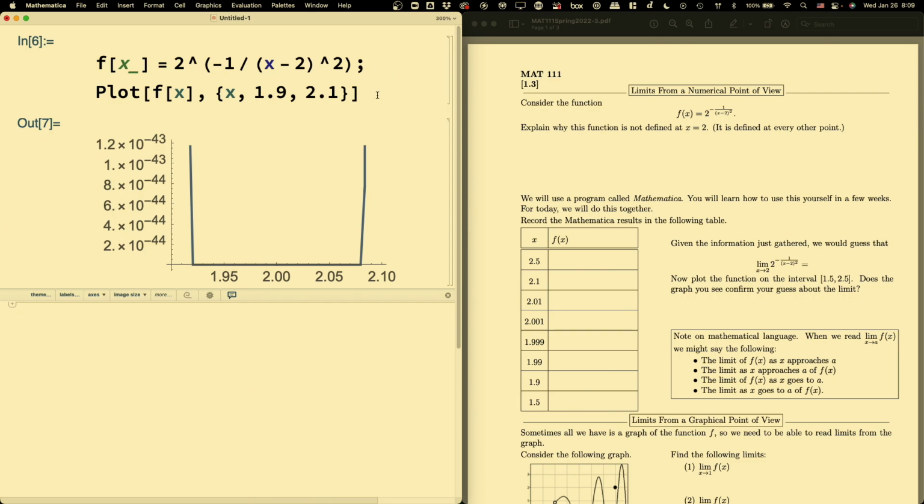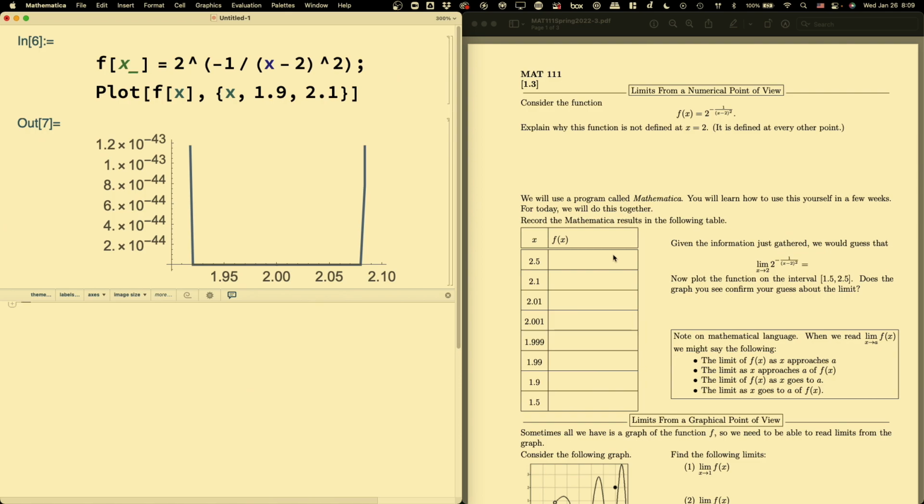Okay, now that's from the graphical point of view. But the other thing that you guys did yesterday was what? Yeah, you made a table of values. You plugged a bunch of stuff in and you saw what you got. And you looked at those table of values and you said, yeah, that looks kind of like the graph and it looks like it's approaching whatever the number was.